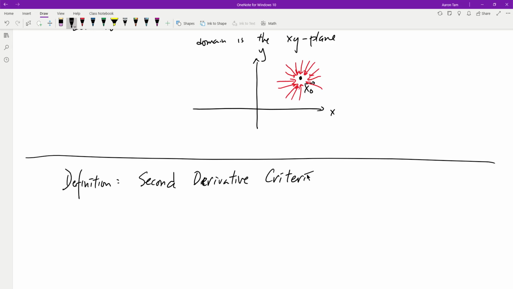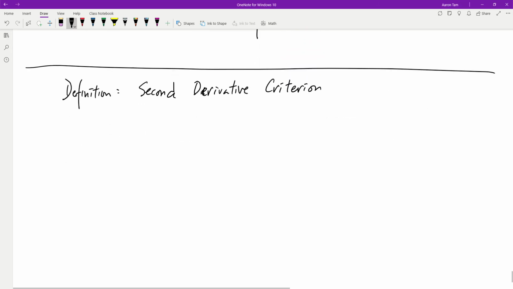Basically we define some criterion that would allow us to determine whether a function has a relative max and relative min. And the concept is similar to the second derivative test that we just defined. Let f map from R^n to R, and let's say this function is twice differentiable.